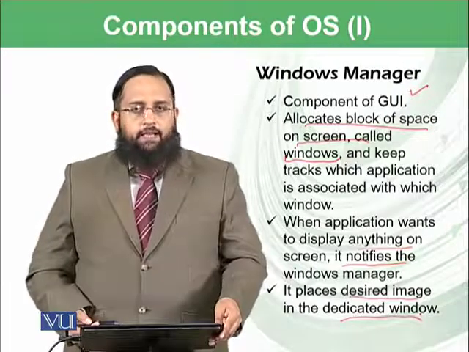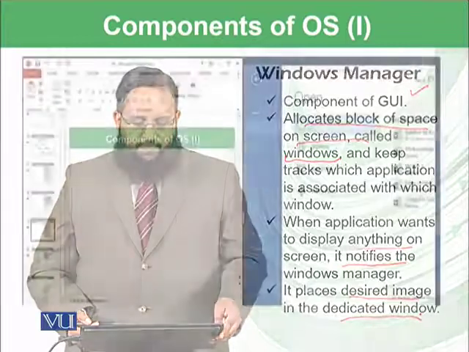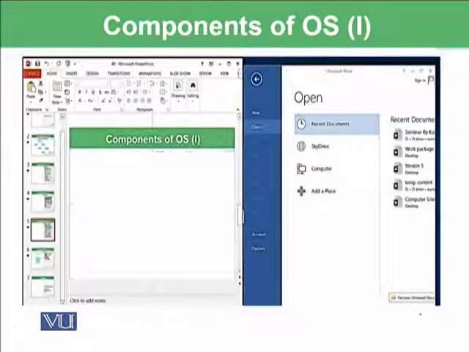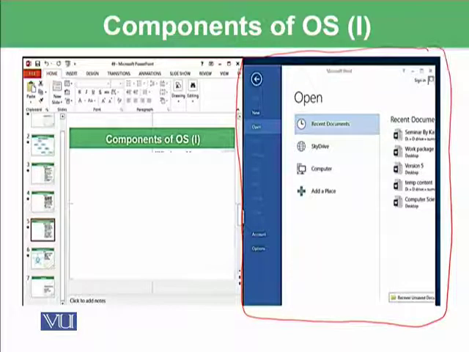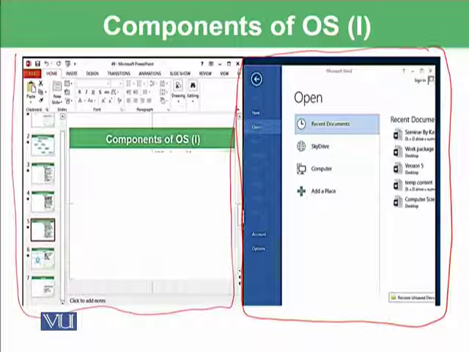So let's see it pictorially with an example. So here I have two windows. This is one window which is basically a window of Microsoft Word. So I have opened something in Microsoft Word. Then there is another window over here which is a window of Microsoft PowerPoint.